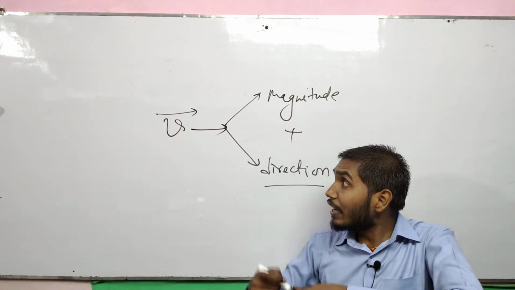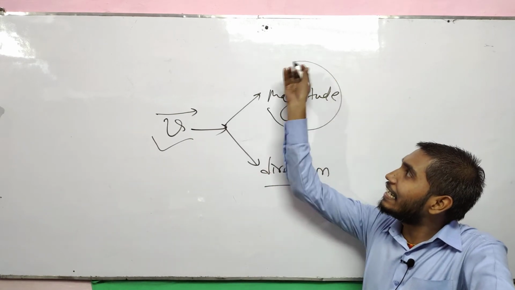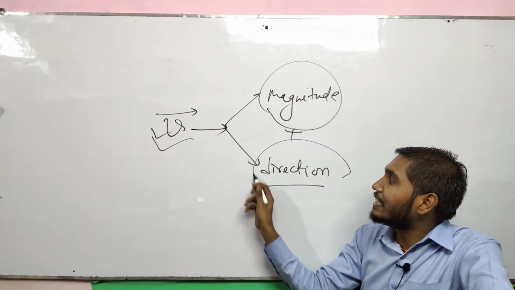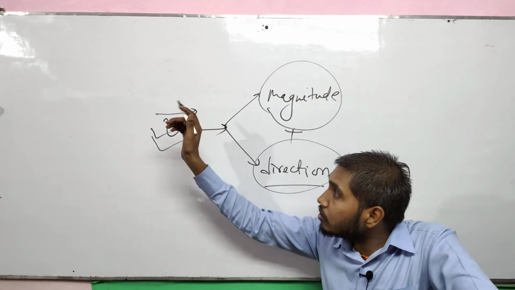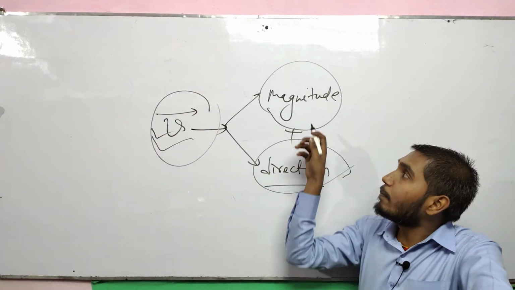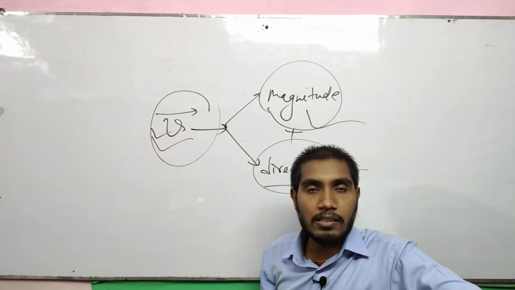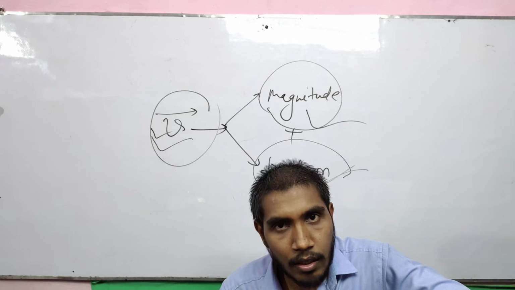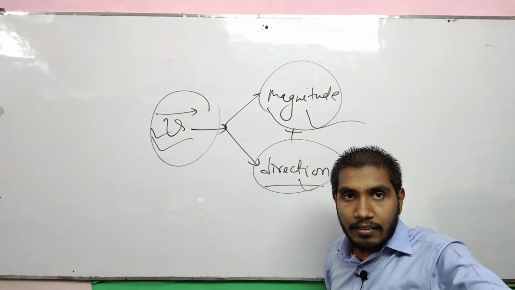So velocity can be changed if there is a change in magnitude. Velocity can also be changed with a change in direction, and velocity can also change when magnitude and direction both change simultaneously. Actually, velocity is a vector quantity, and a vector quantity has magnitude and direction.